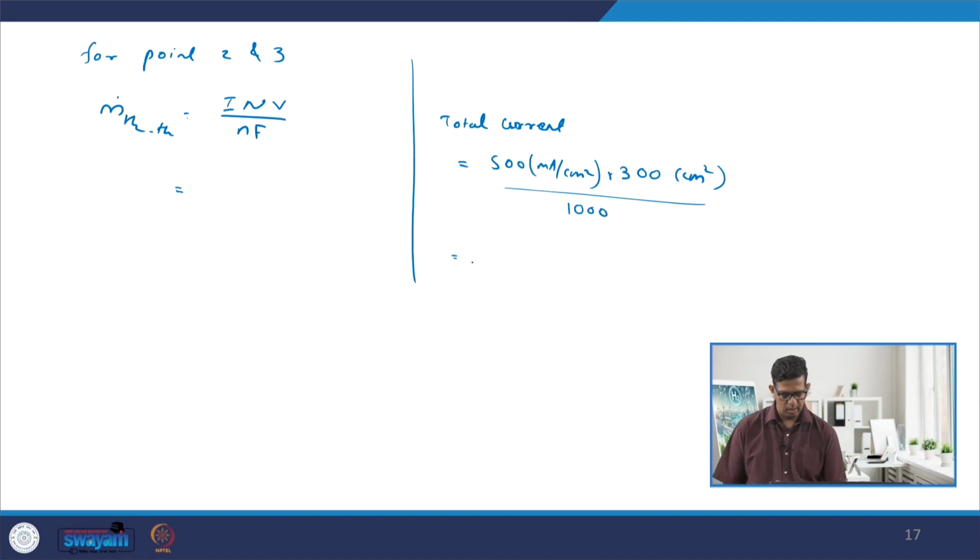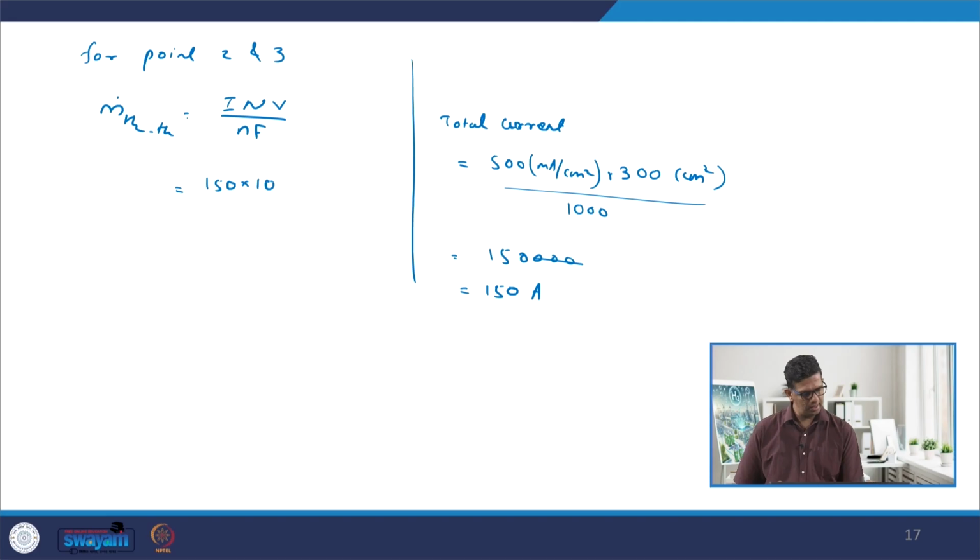So, if I do that, this will be around 150 amperes. So, let us put that total current as a value of 150 amperes.